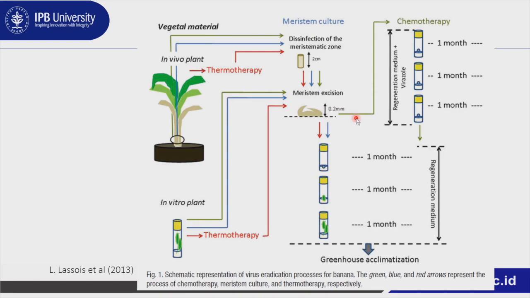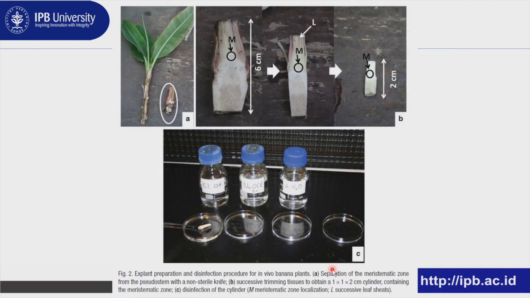And after that, we do chemotherapy, and then if the ELISA cannot detect the presence of the virus, we can directly do regeneration of the plantlet on the regeneration medium. And after several months of subculture, we can get the greenhouse acclimatization from that plantlet.